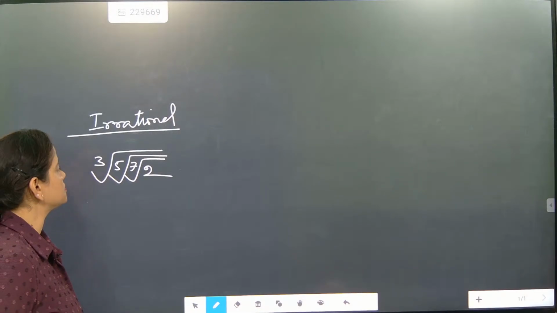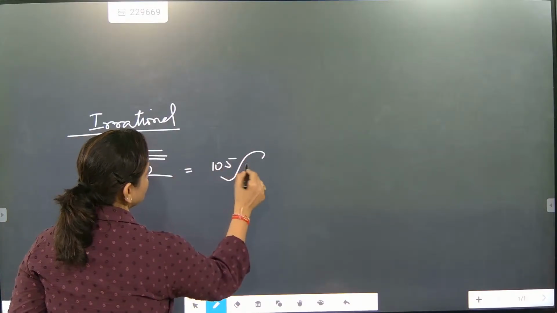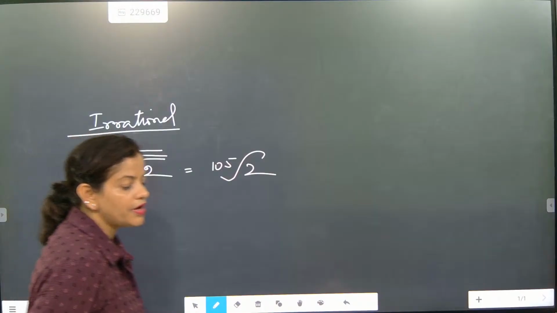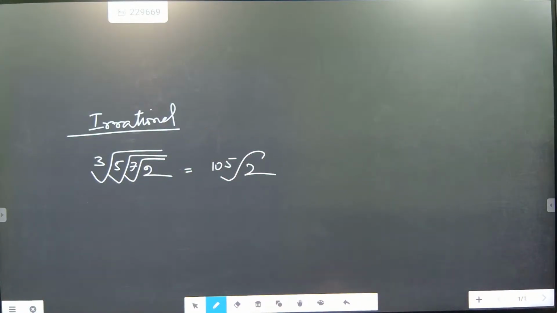What will be the answer? Without solving, if somebody asks, it will become 105 root 2. How did I write it like this? Is it correct?